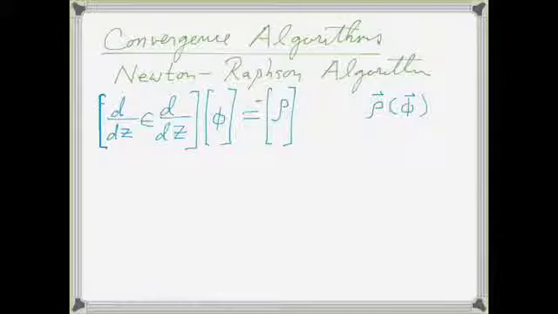And so what we're going to do is define a new function. This is the way the Newton-Raphson algorithm is always set up. We're defining a new function, and by a vector, I just mean these things. So rho in this notation is my vector rho.